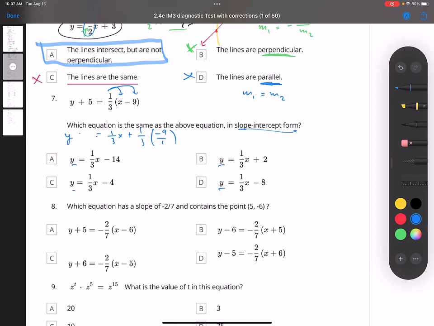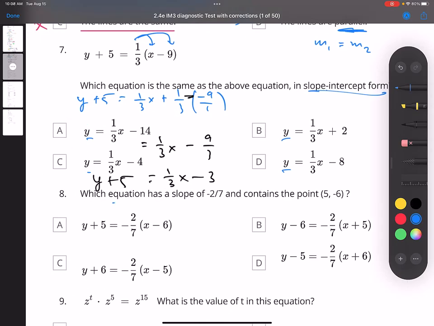And we have this. So I have 1/3 x. This becomes -9/3. You just multiply across, and you can reduce that to -3. And then you just subtract 5 from both sides, and you'll get 1/3 x minus 8, which is choice D.